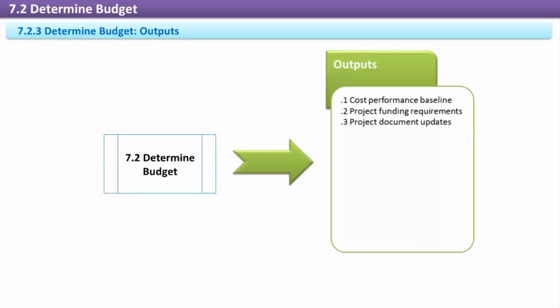Project funding requirements refers to the entire estimated cost of the budget, including any contingency or management reserves. Project document updates. The budgeting process can result in updates to several project documents, including the risk register, activity cost estimates, and the project schedule.